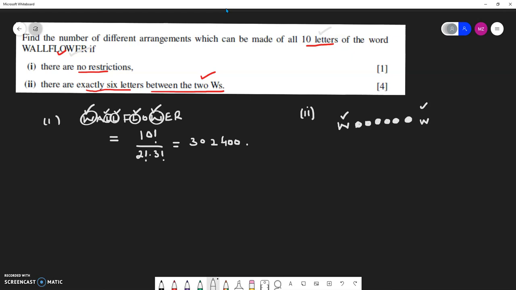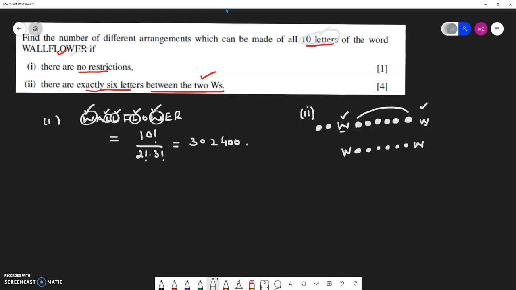Now, as you can see, there are 10 total letters, and one arrangement must contain 10 letters. So these are 6 letters, plus the 2 W's, making 8. So where should we place the other 2 letters? Either the 2 letters may be placed after the last W, like this: W, 1, 2, 3, 4, 5, 6, and W. This is the required arrangement.